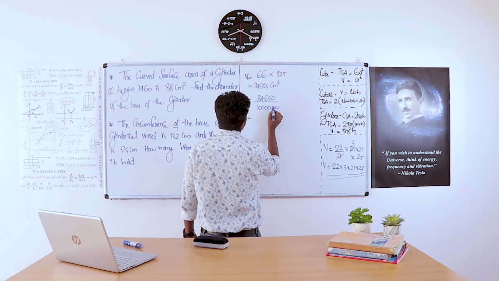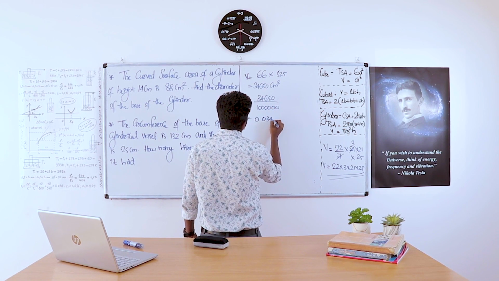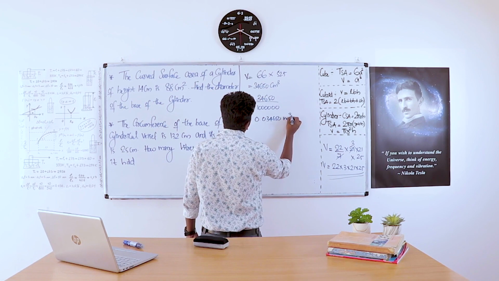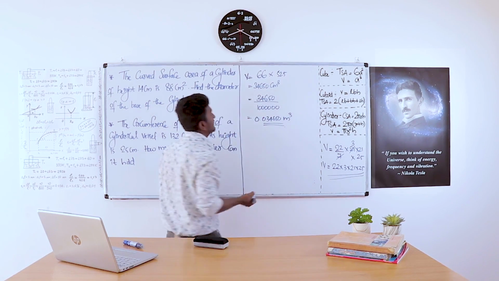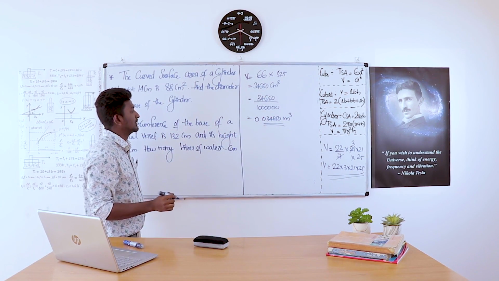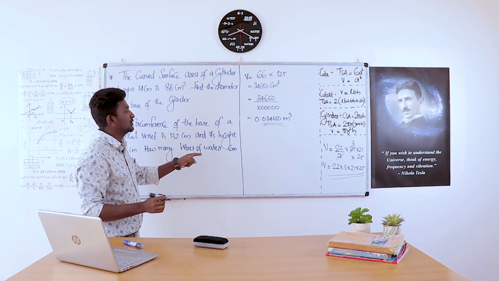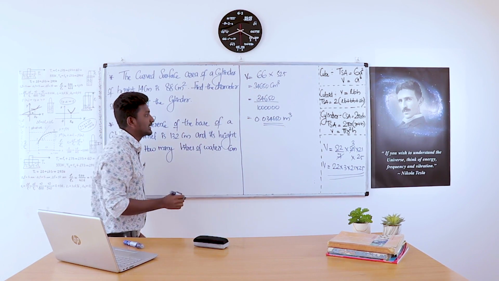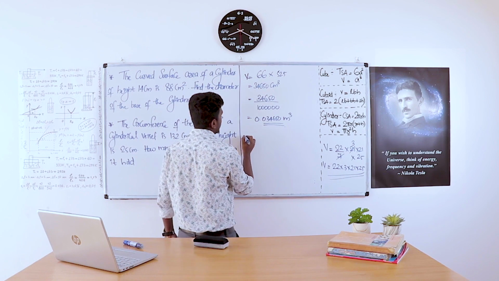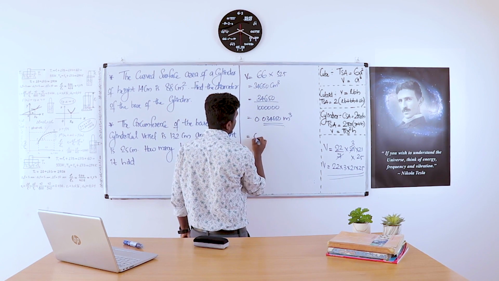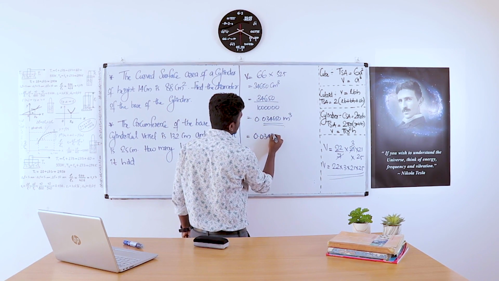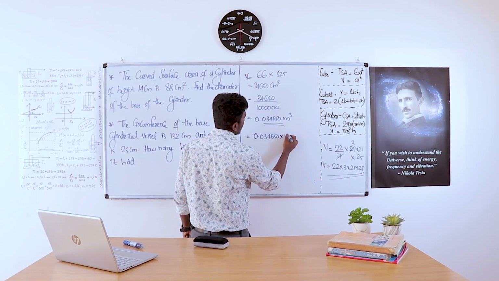What happens? 1, 2, 3, 4, 5, 6. So 0.034650 meter cube. This is the value in meter cube. Now, how to convert this to liter? Just multiply it with 1000. So 0.034650 into 1000.